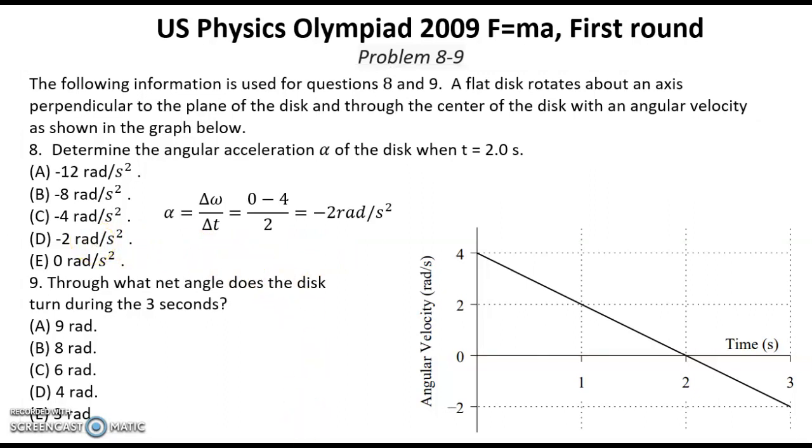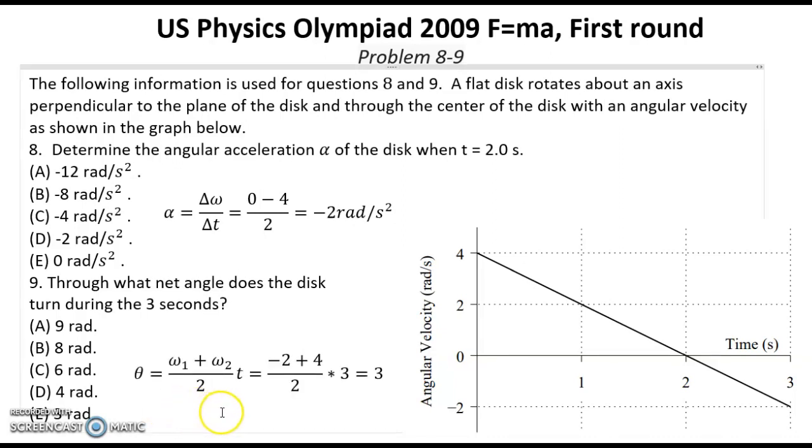Question number 9. Through what net angle does the disk turn during the 3 seconds? Here we can use another equation. We can use average angular velocity for motion with a constant angular acceleration. In that case we can use this formula: initial velocity plus final velocity over 2, that's average velocity, multiplied by time.